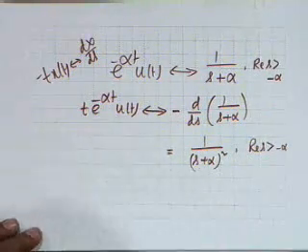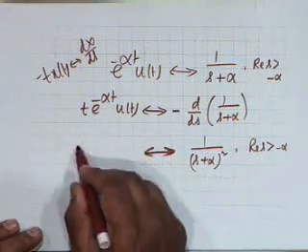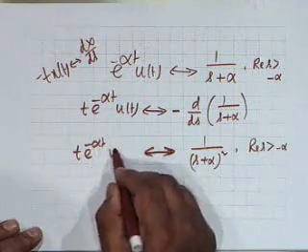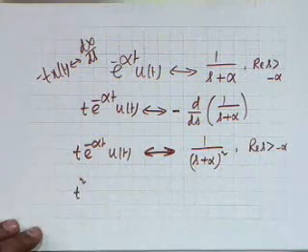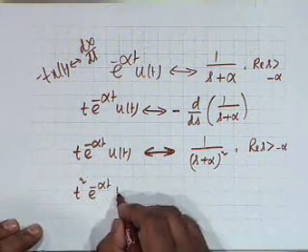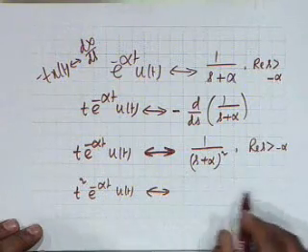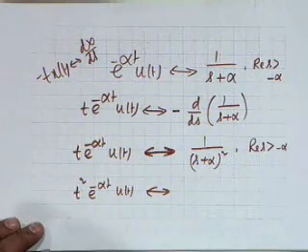Now if I multiply this by t, okay, let me write this carefully, t e to the minus alpha t u of t, if I multiply this by t, that is t squared e to the minus alpha t u of t, then I shall have 2 by s plus alpha whole cubed, alright.